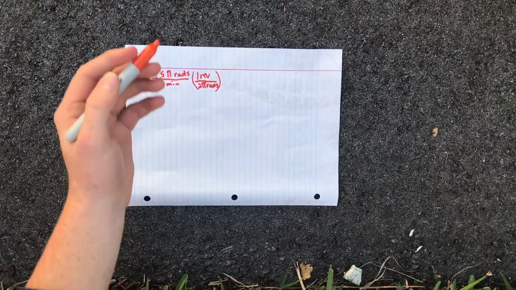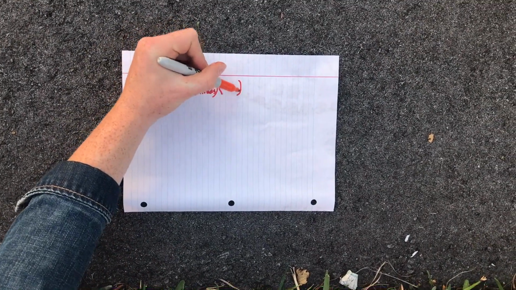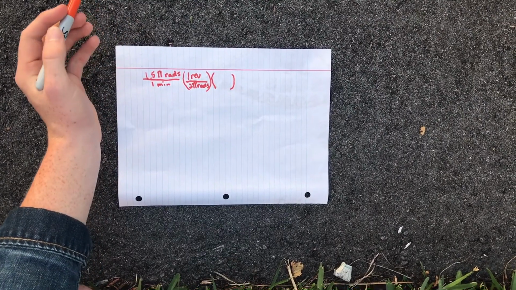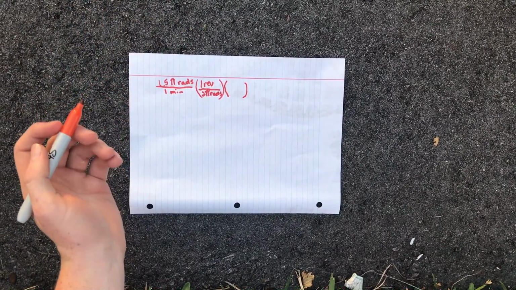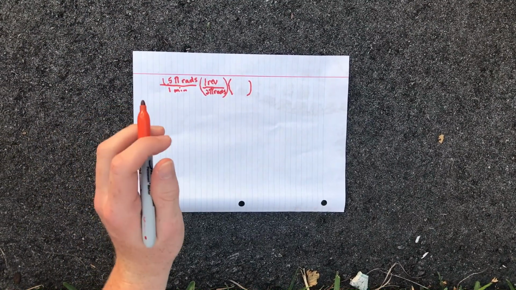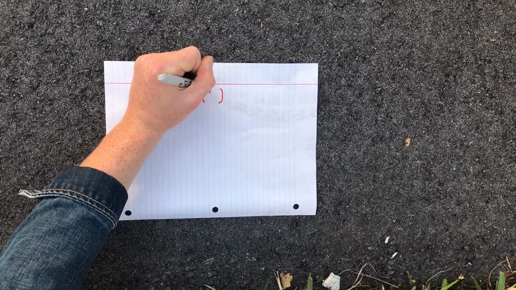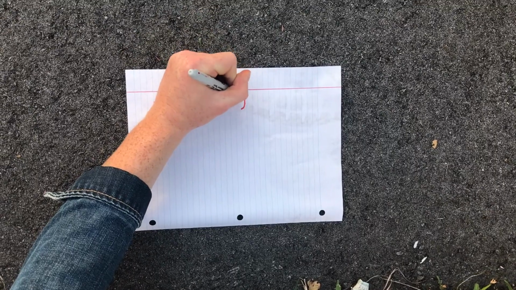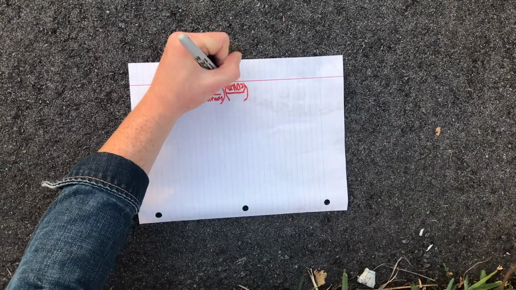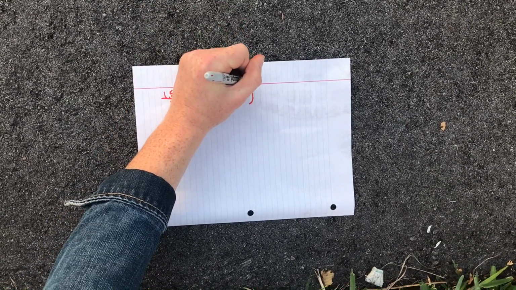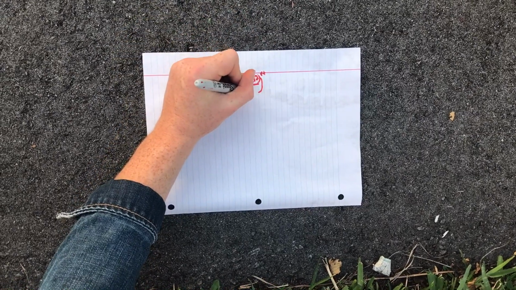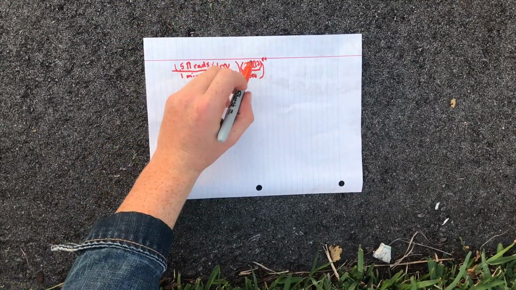To cancel out the revolutions, we do 2 pi r, or 2 pi times 5, or 2 pi times 12, which is the radius, over 1 revolution, and this would be the circumference.